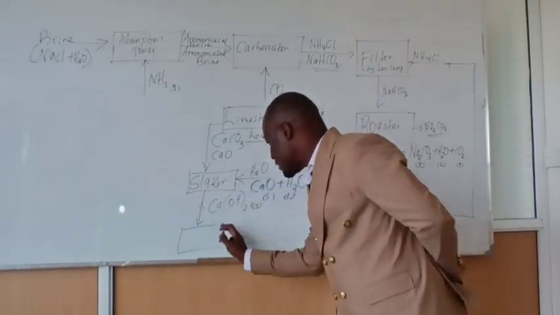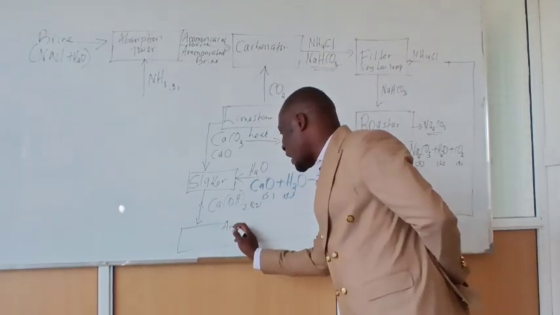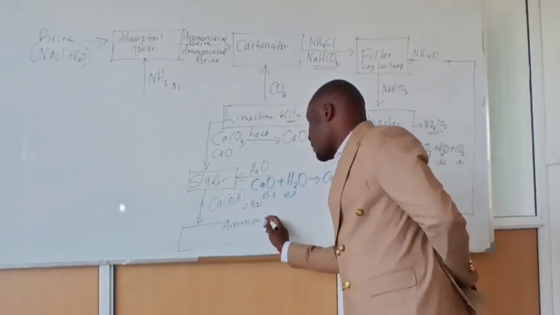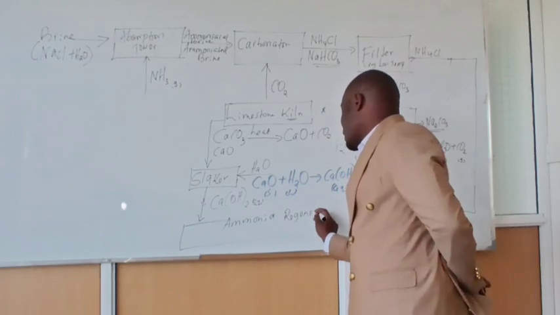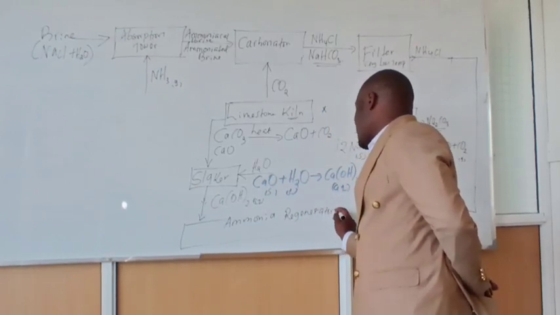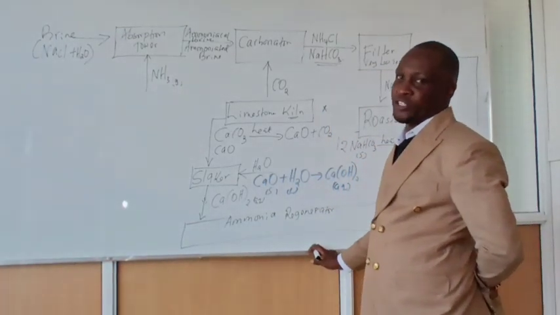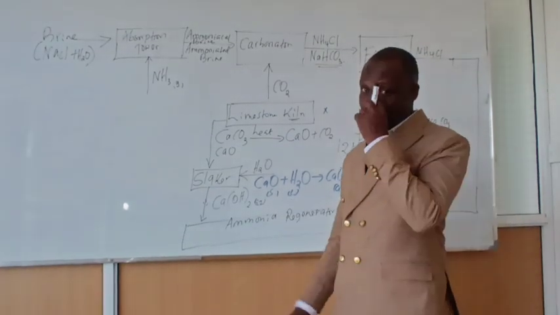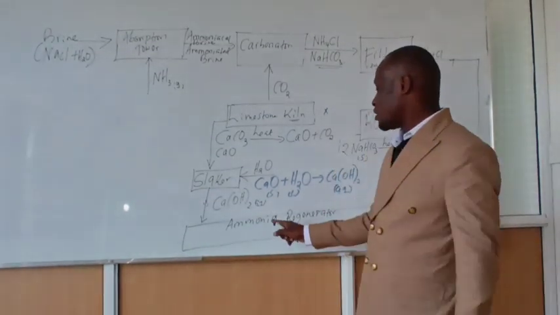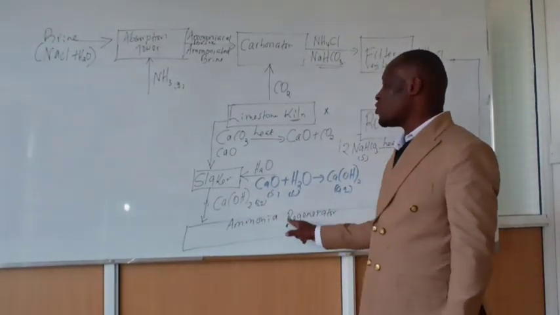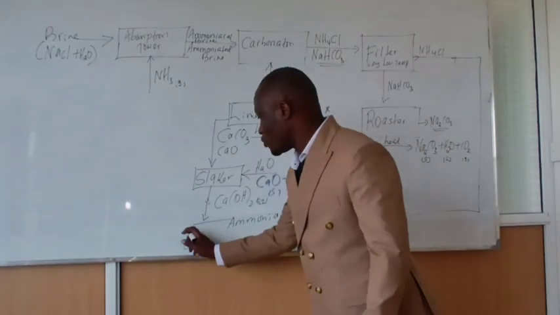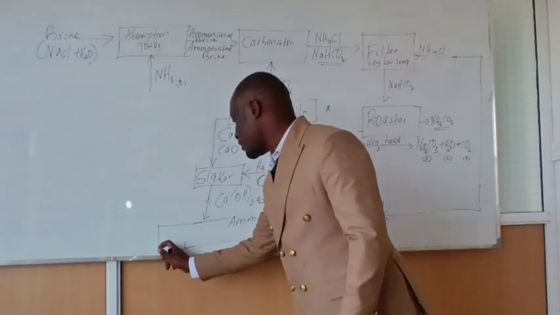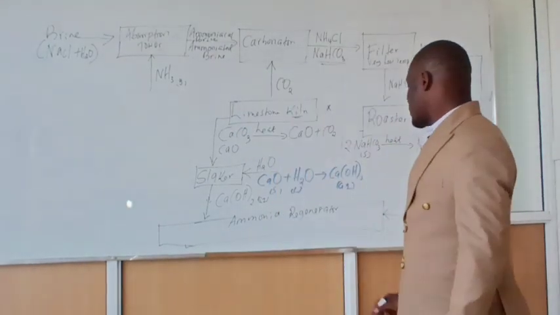This chamber is what is known as the ammonia regenerator. Why regenerator? Because it is not the main source of ammonia. It just regenerates ammonia. If it was the main source, the chamber would have been called an ammonia generator. But it is a regenerator.